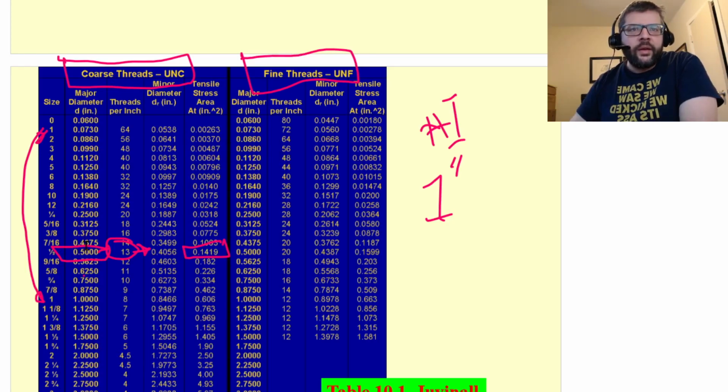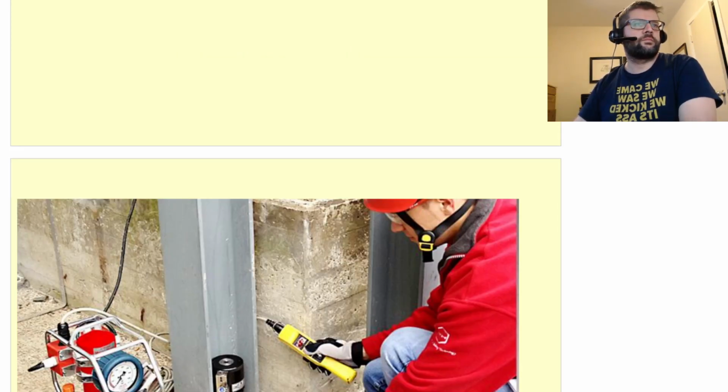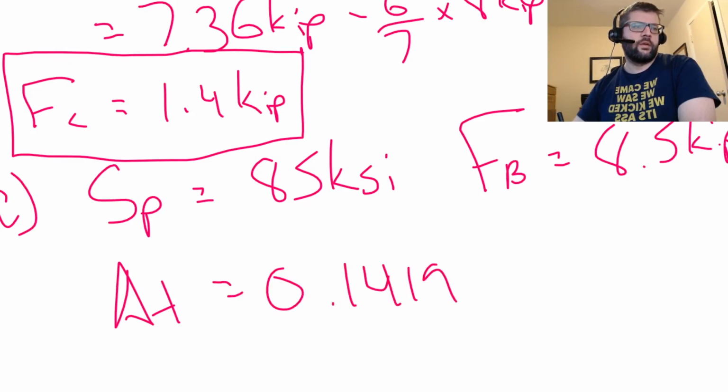A half-inch bolt will have a tensile stress area of 0.1419 inches squared.